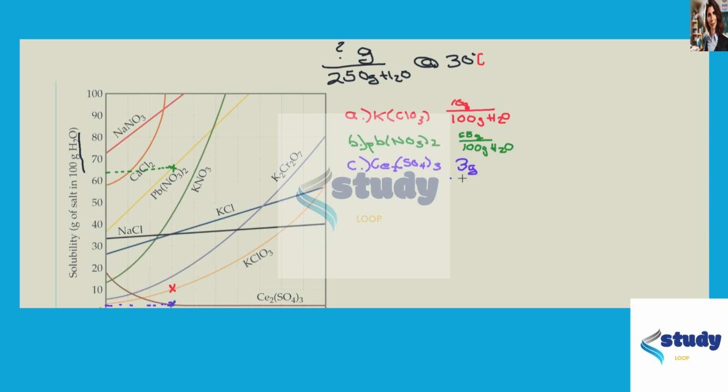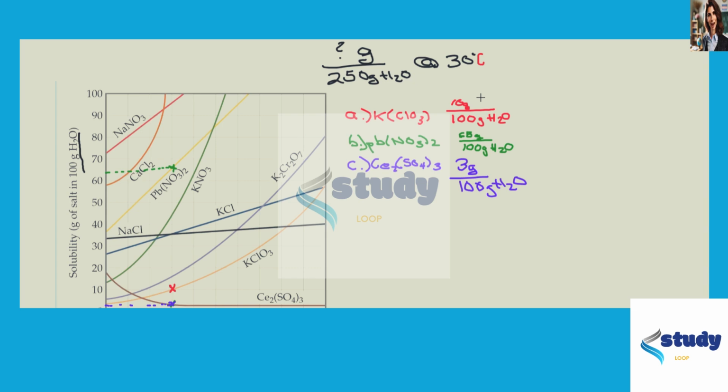So now that we have broken down what we needed, which is to find grams or mass of salt in a 250 gram saturated solution at 30 degrees Celsius, we know what we need to find and we know what we've been given. How do we convert?